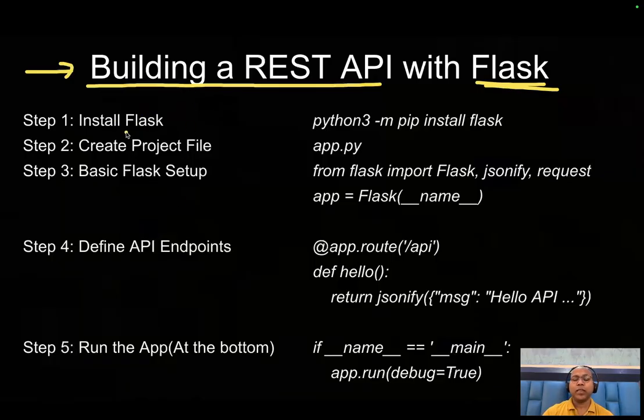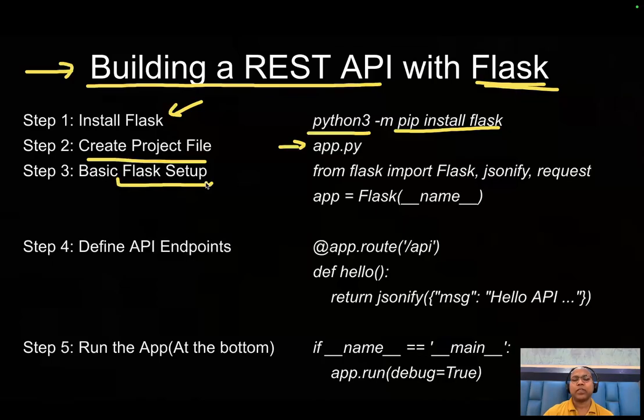First, as you know, in Python you are going to use a third-party module, so you have to install it first. Whatever the Python version, Python 3, pip install, and the installation is done. Now you can create a project file, any file name you can give, and after that you do the Flask setup.